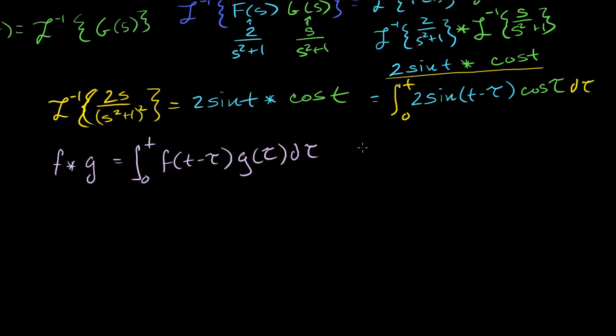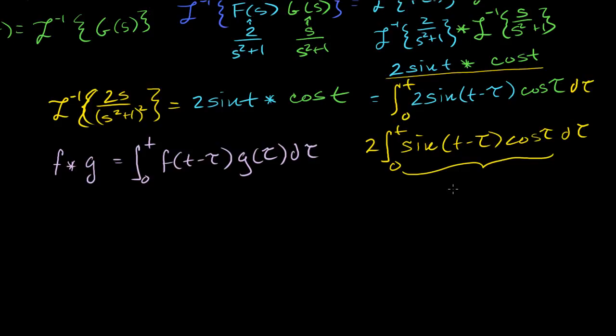If we take the 2 out, we get 2 times the integral from 0 to t of sine of t minus tau times the cosine of tau. This is the convolution of sine of t with cosine of t. And I showed you in the previous video, where I introduce the convolution, that this thing right here is equal to 1/2 t sine of t.